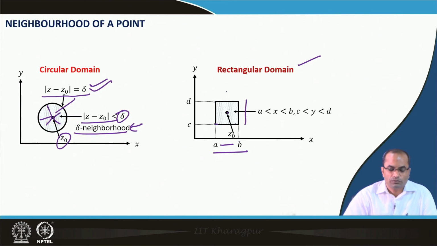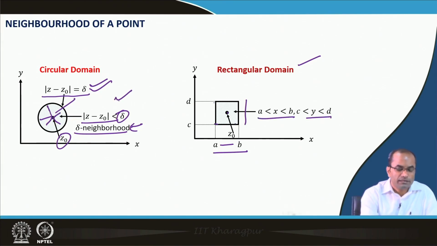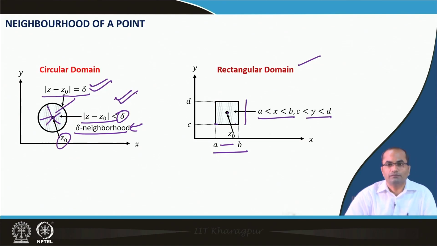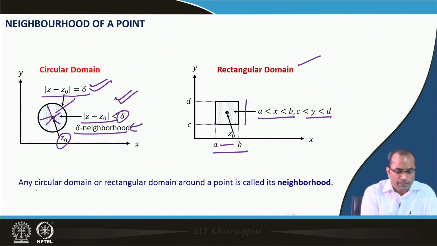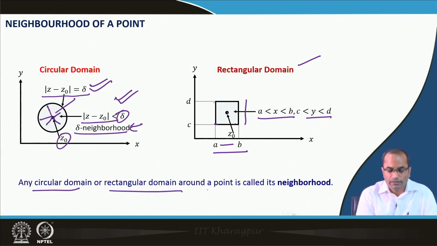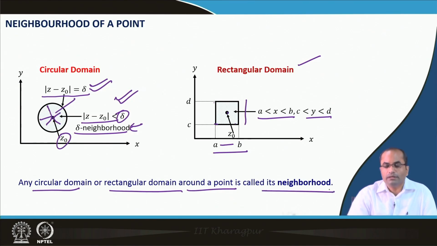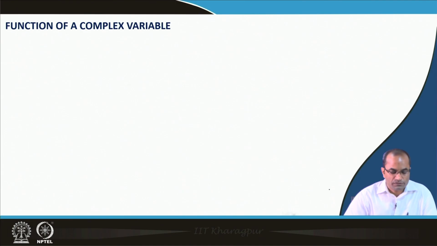That could also be a rectangular domain, but the circular domain is more common and will be used frequently whenever we are talking about the neighborhood. So, any circular domain or rectangular domain around a point is called its neighborhood. In simple words, that is how we can think of a neighborhood.